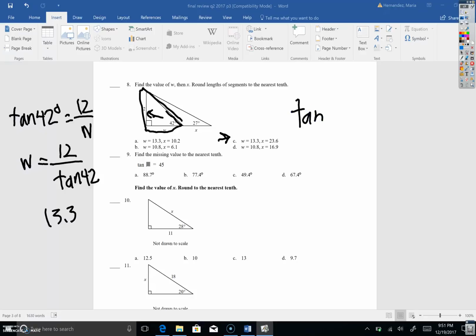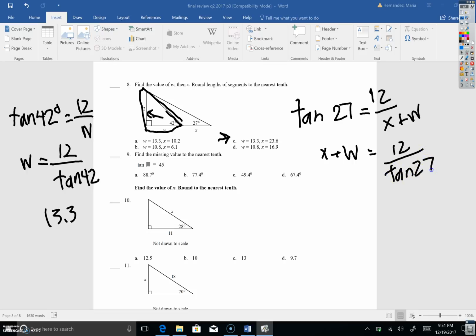Tangent of 27 equals 12 over X. Okay, actually it's going to be X plus W. But anyway, X plus W will equal 12 tangent 27.